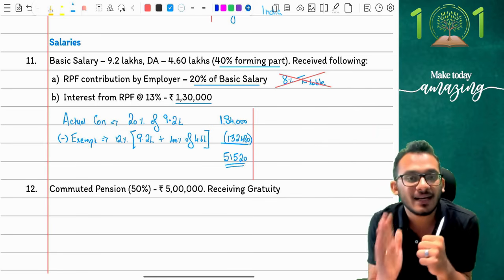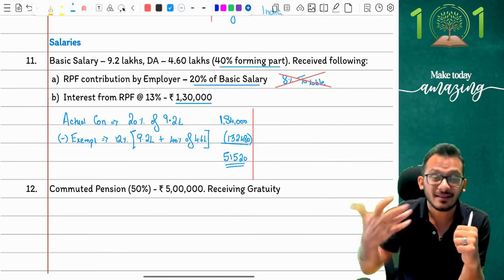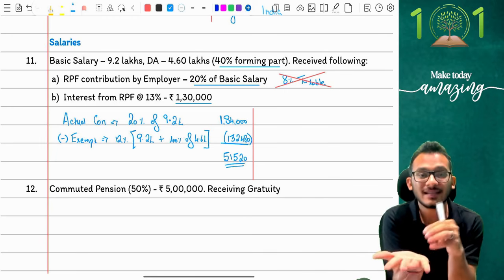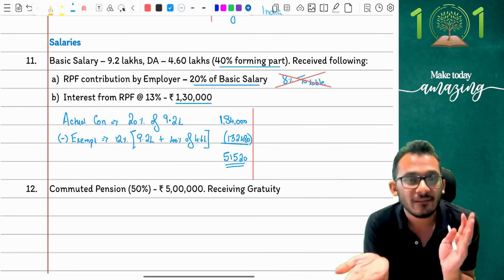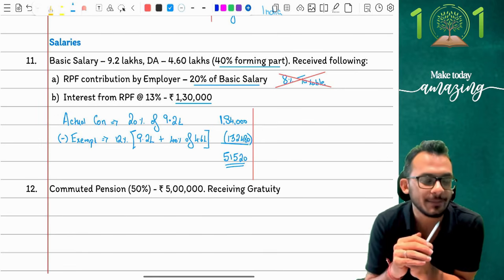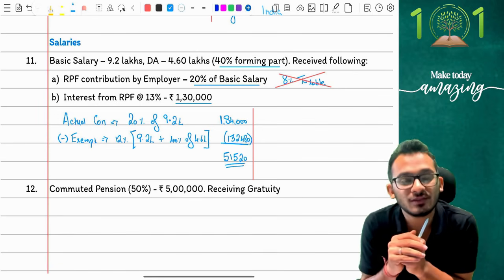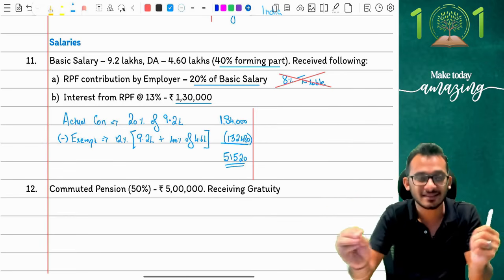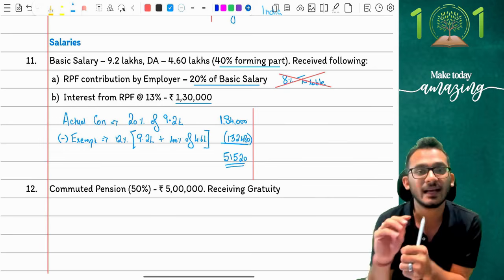No. People, 1,30,000 is not 9.5%. 1,30,000 itself is the interest amount. The interest amount in your hand is 1,30,000, which is calculated at 13%, which means you cannot do 9.5% of 1,30,000. Mistake number two, you cannot say let's do 9.5% of salary. It is 9.5% of the interest rate, and therefore you need to look at this calculation carefully.